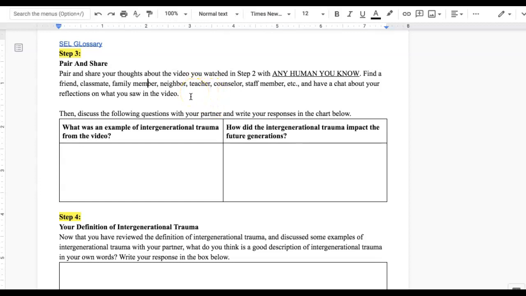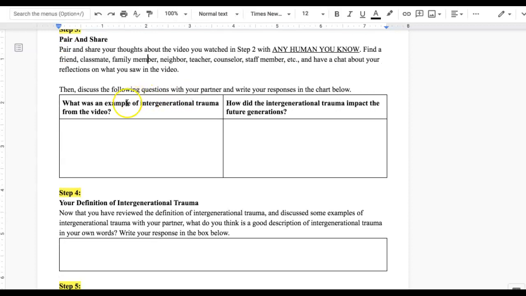Once you have connected with that person, make sure you watch the video with that person and talk about what intergenerational traumas you were able to see in the video, and how the intergenerational trauma impacted the future generations that were represented in the video.